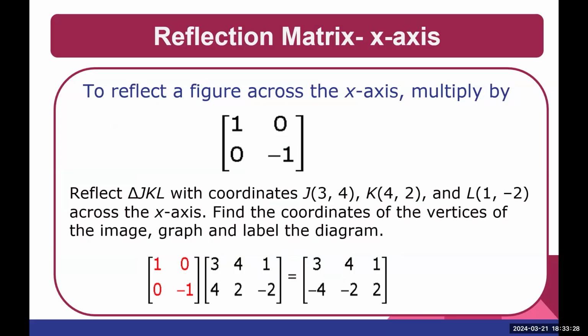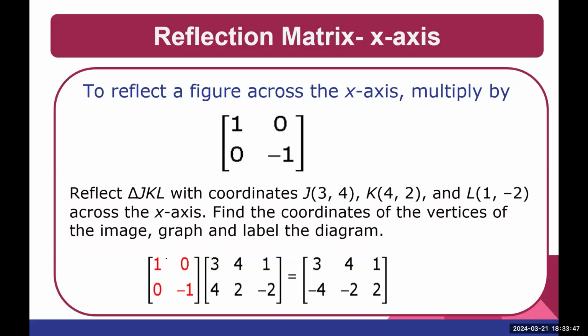So if we're required to reflect triangle JKL with coordinates 3, 4, 4, 2, and 1, negative 2 across the x-axis, we're required to find the vertices of the image and graph and label the diagram.